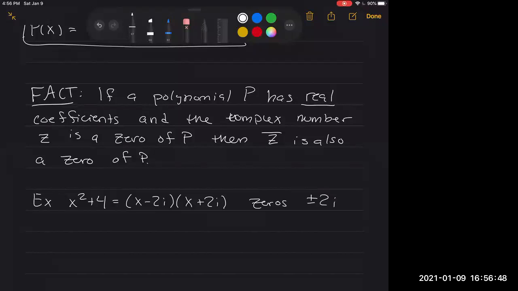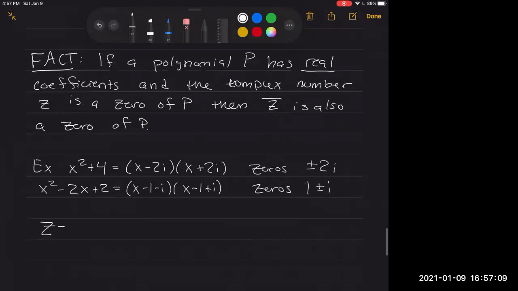Also, if we had x squared minus 2x plus 2, this gets factored into (x minus 1 minus i)(x minus 1 plus i), so our zeros are 1 plus or minus i. Remember that for a complex conjugate, if z equals a plus ib, z bar equals a minus ib.